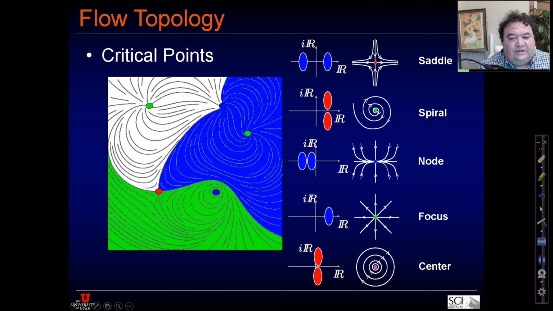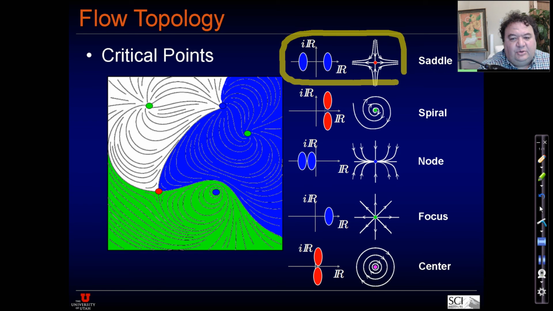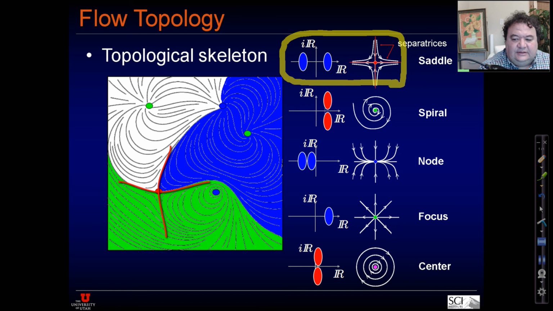So here we can look in this diagram at how things relate to each other. A saddle has only real components and no imaginary one, so we can nicely have the 2 eigenvectors that represent how the flow is split locally in space, and that can be identified just by looking at the terms here.